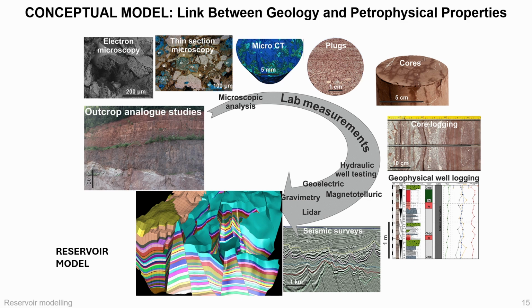Diagenesis can further enhance or destroy quality. In modeling, it is best practice to condition petrophysical modeling on facies, because that produces property distributions that follow geological reality rather than purely statistical smoothing.